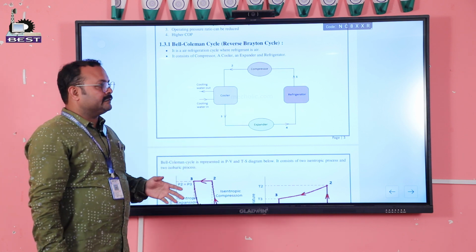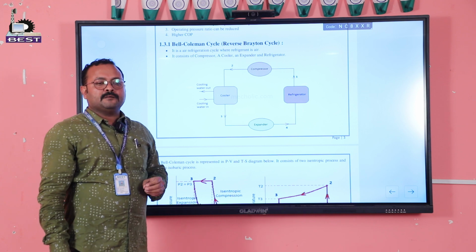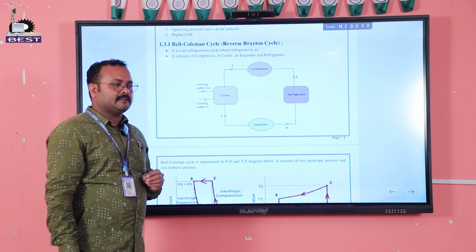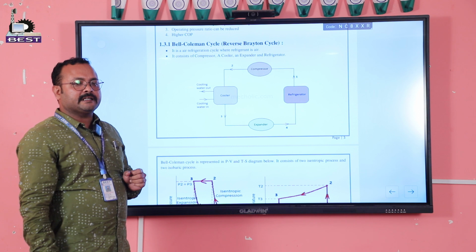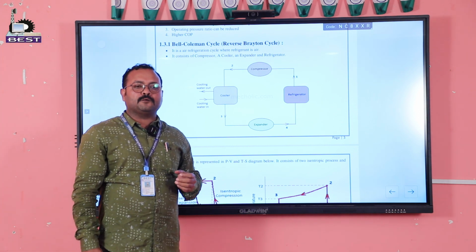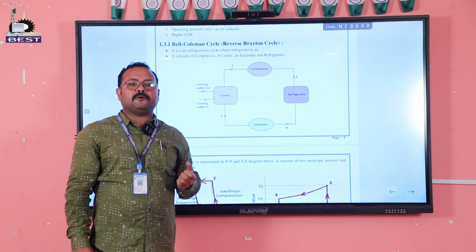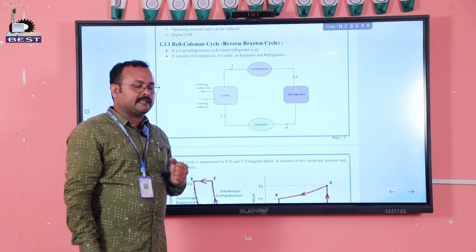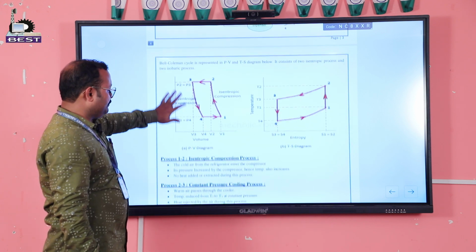In early days, this principle is adopted for refrigeration process. But nowadays, in refrigeration process, we have to utilize the vapor compression refrigeration cycle. Here is the diagram.